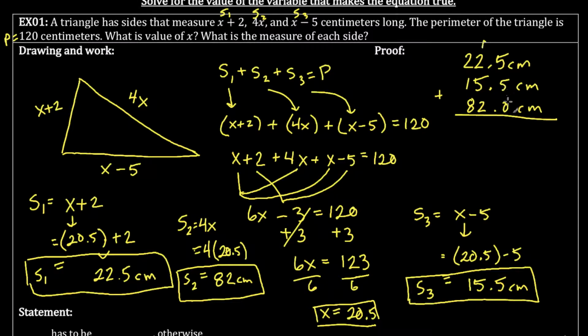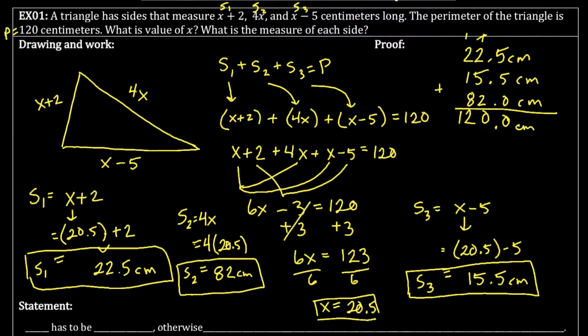So this right here, 5, 6, 7, 8, 9, 10, 8, 9, 10, 11, 12, carry down the decimal, 120 centimeters. So this is your proof. So make sure to do proof or evidence on your work.